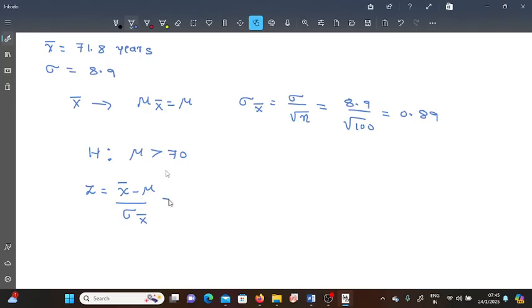Substituting all these values, x bar is 71.8, minus the population mean, by 0.89.